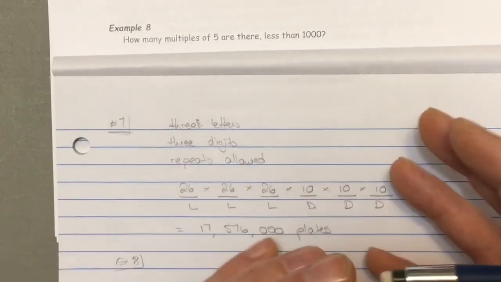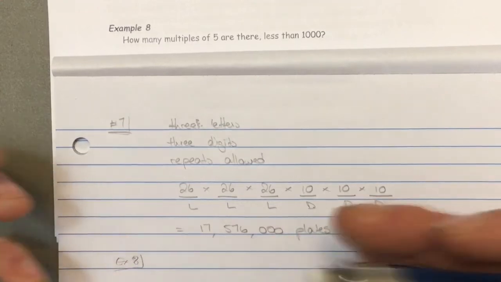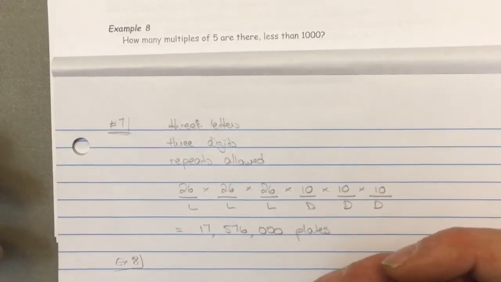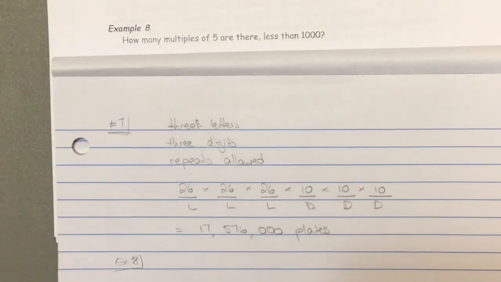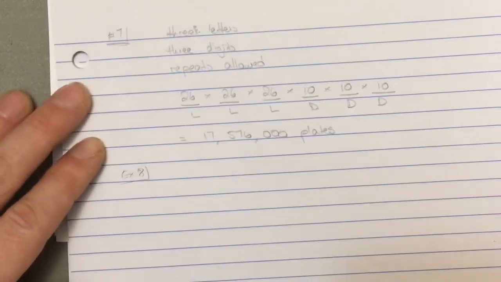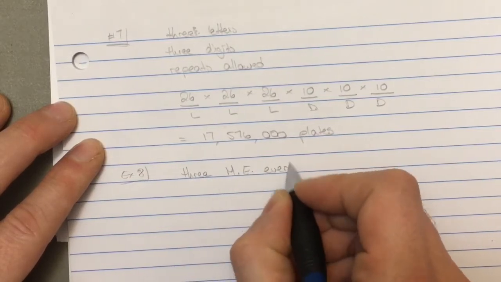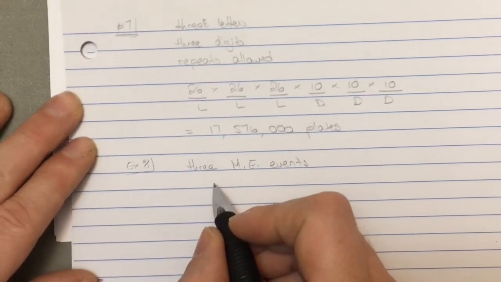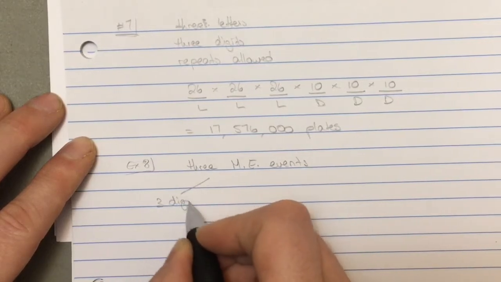Now, each one of those is going to be different. It needs to be calculated individually. So we call those mutually exclusive events. So we have 3 different mutually exclusive events. The first one is where you have 3 digits.